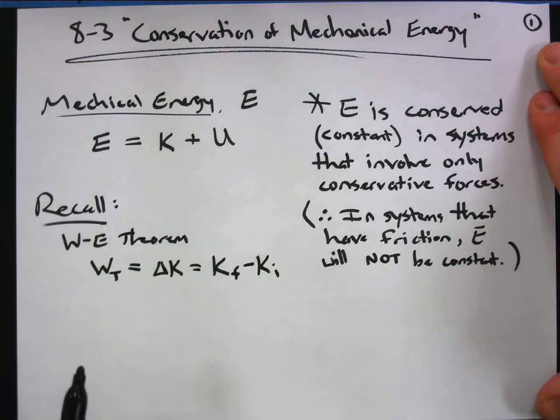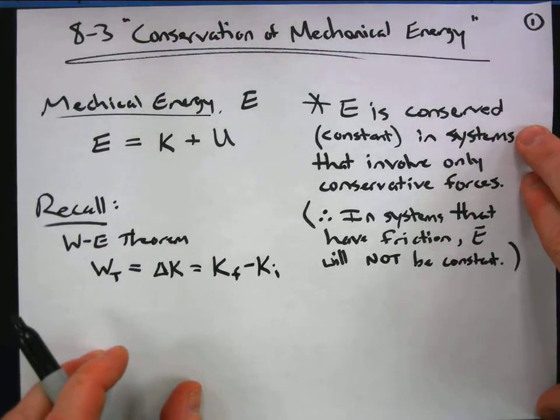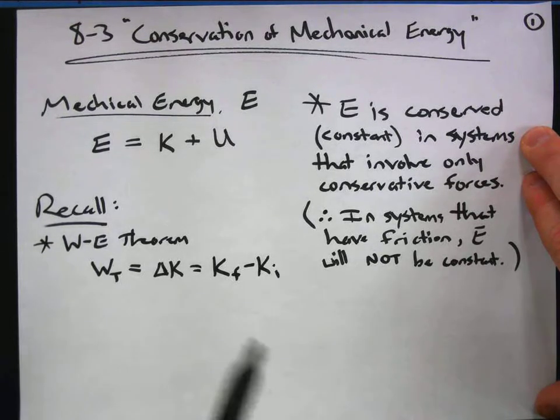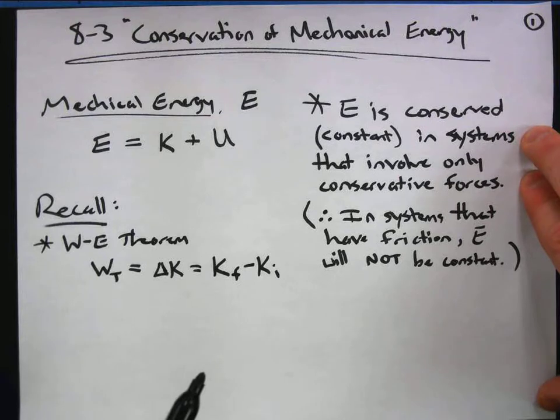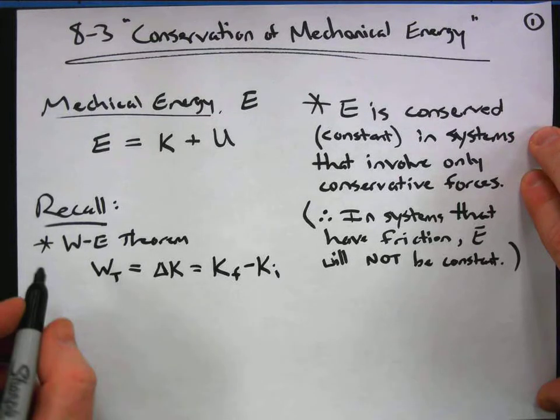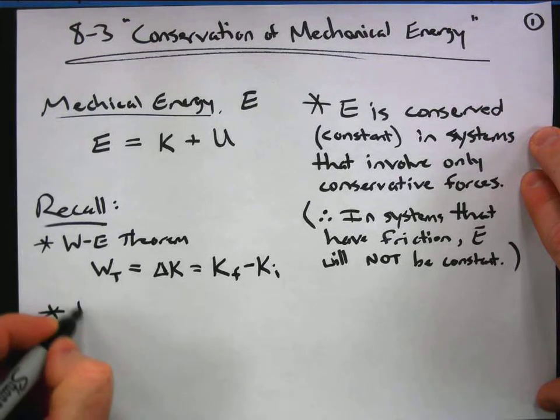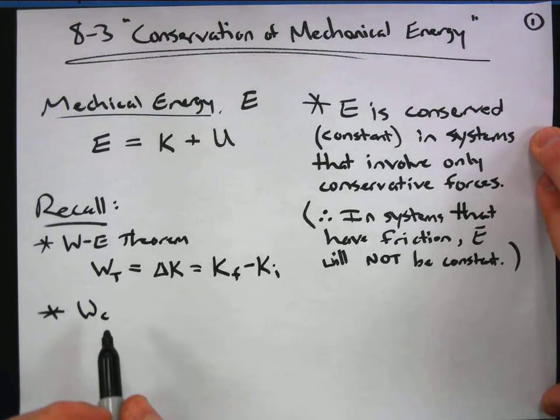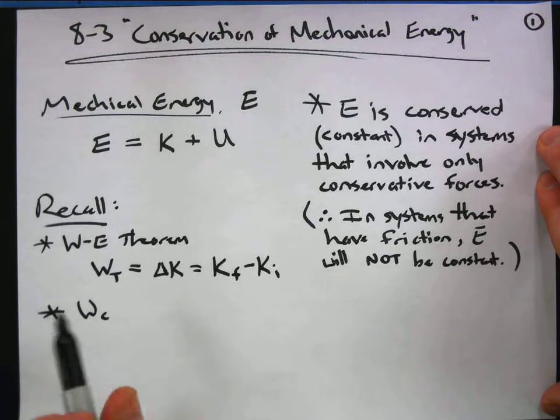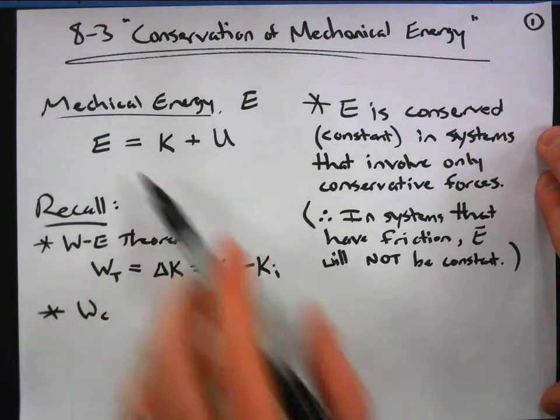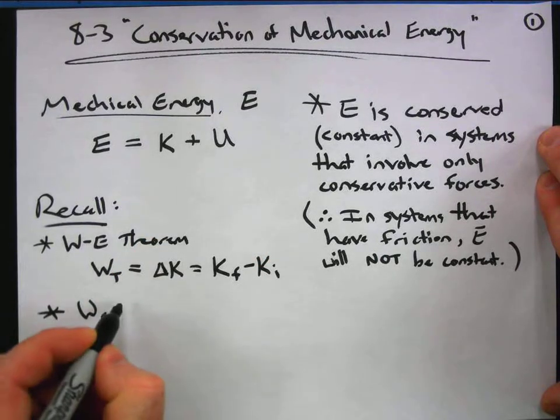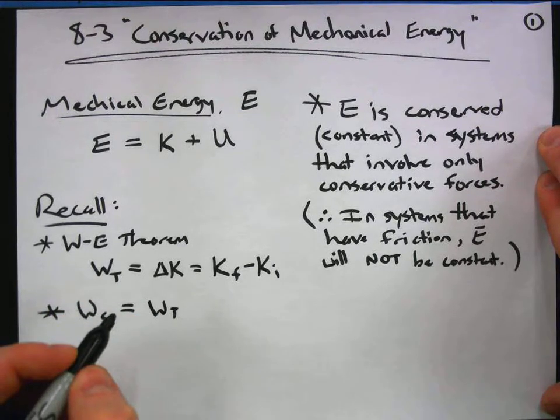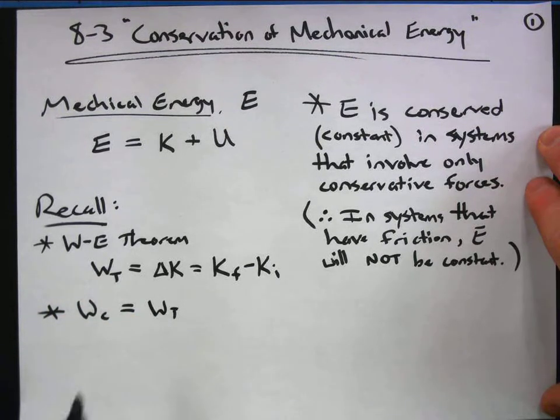Now the other idea that I want to recall here is the work done by conservative forces. Well, if there are only conservative forces involved, in other words, a system where mechanical energy is conserved, then the work done by conservative forces is going to be equal to the total work. Okay, that's kind of handy for us. Now, there's something about this work done by conservative forces.